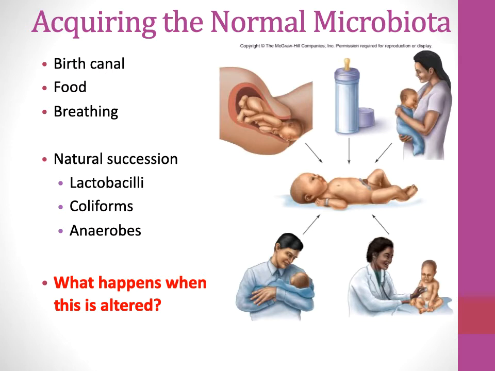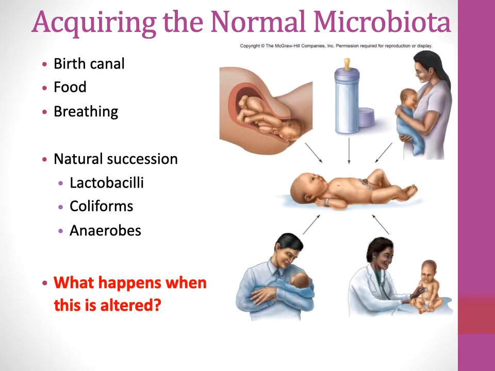And again, those are going to be around your whole life, so we want to make sure we're not responding to those, and definitely not responding to the strains that are not pathogenic. Then we get these anaerobes, and these are more potential pathogens. And so now your immune system knows, okay, we know not to recognize these certain bacteria, and these are the ones we need to actually respond to.